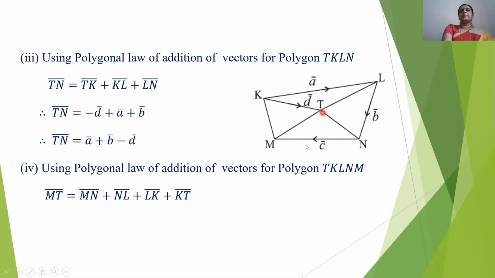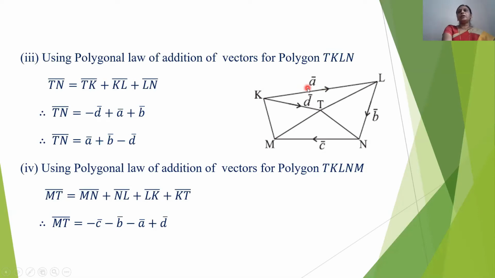Okay, in this way, keep the value of here MN. Here NM is C bar, therefore MN will be minus C bar. Then again we are going opposite to the direction of vector. Therefore, if LN is B bar, then NL will be minus B bar. Therefore, we are writing here minus C bar minus B bar. Again, this LK will be minus A bar because KL is A bar.